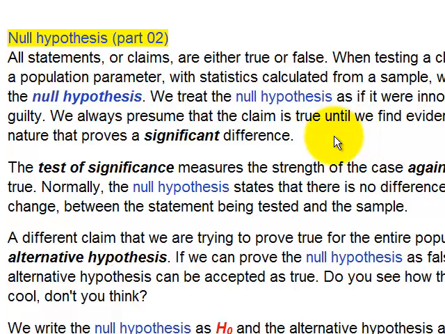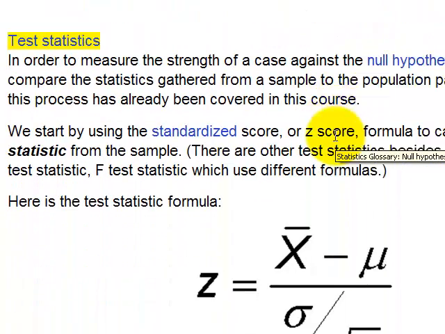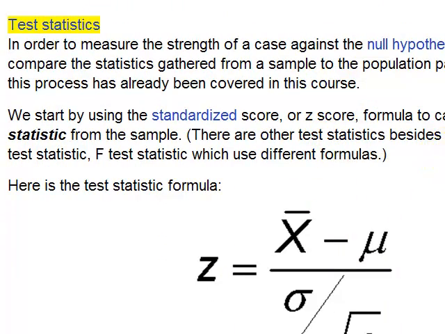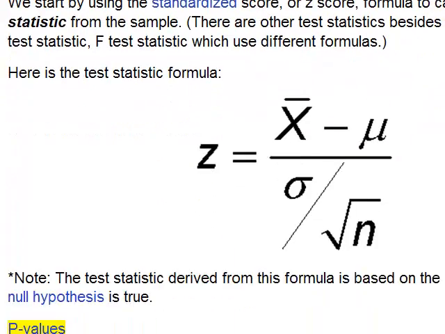So we're going to try to shoot down that null and that's why I want you guys to practice this over and over again. But here's the formula. You go ahead and calculate the differences between the means. You divide it by the number of standard errors. That will give you a z-score. That will tell you how many standard deviations away from the mean your individual sample was. If it's too far away from the mean, you get to reject the null.